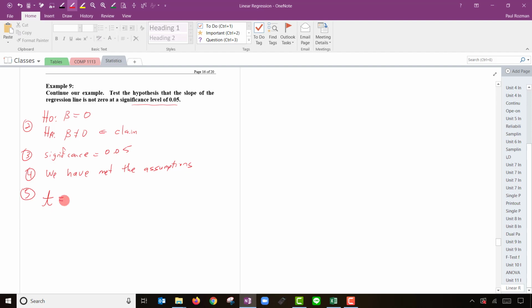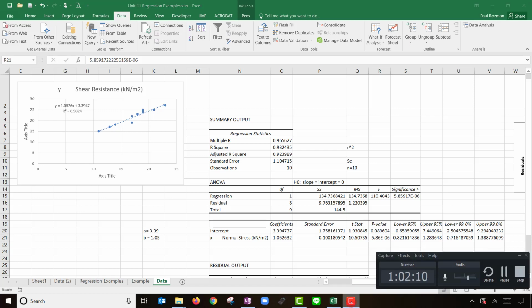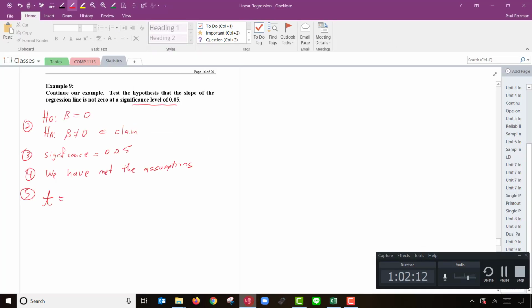I could grab it off of my Excel output. My test statistic is given right here. The test statistic for the slope was 10.5. Oh, that's weird. It's the same as it was for our correlation coefficient. So t was 10.5.